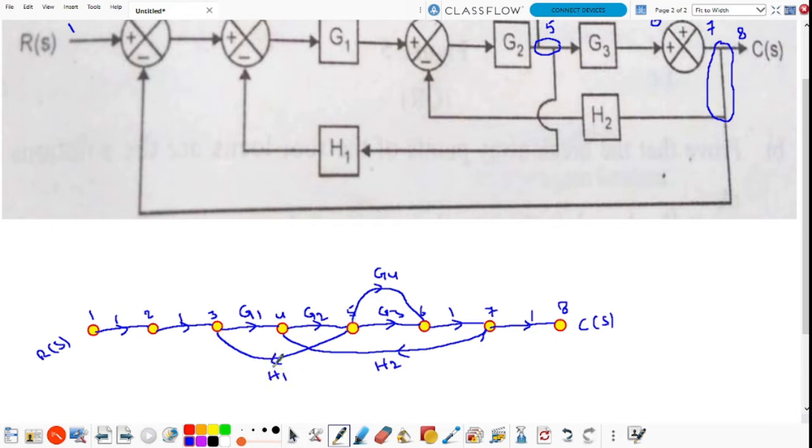Node 7 to node 2, the feedback element is 1 along the direction of the signal flow. And this is the signal flow graph from the given block diagram representation.